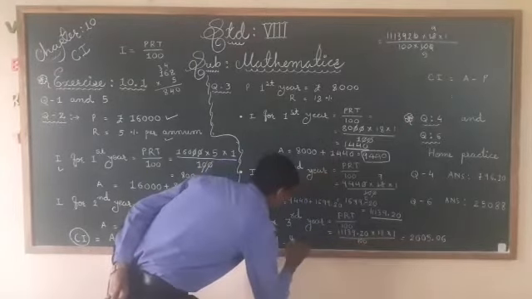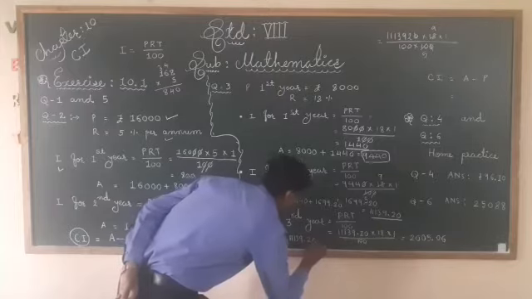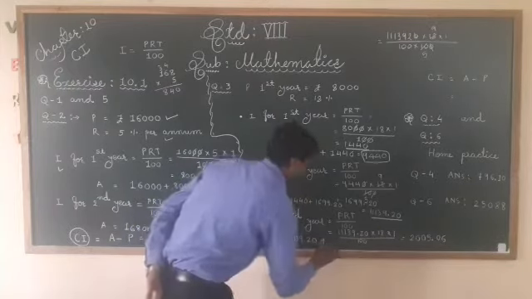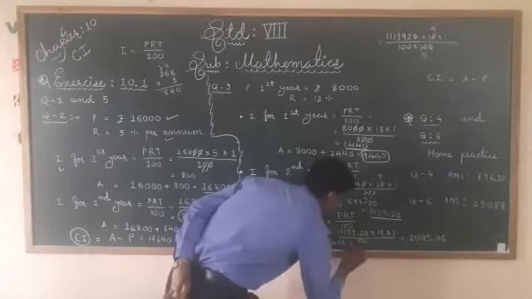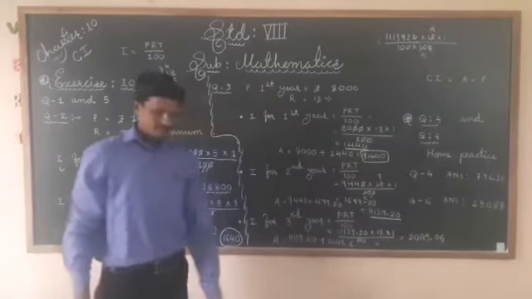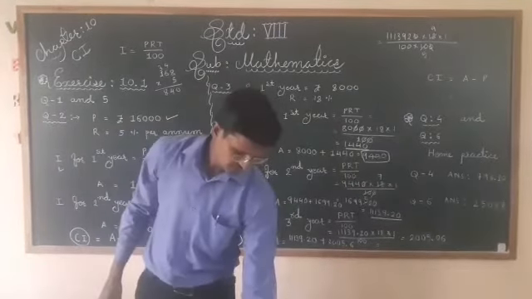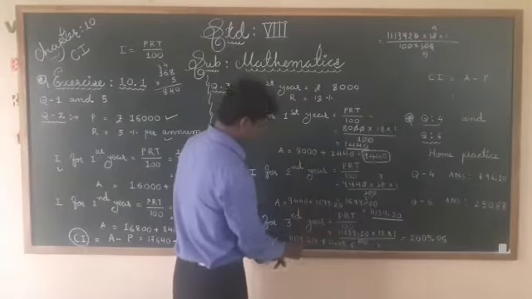Our 11,139.20 plus 2005.06. If you do the addition of these two, you will get the answer.